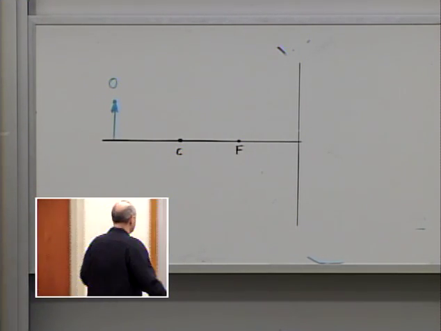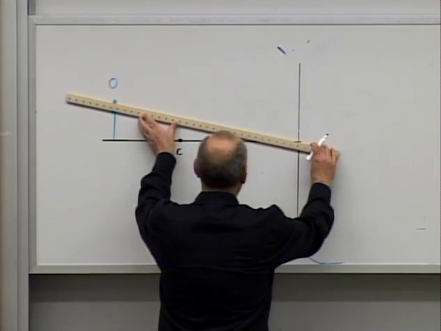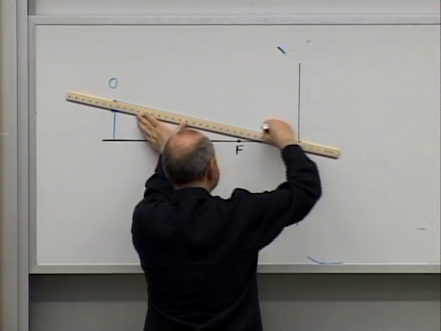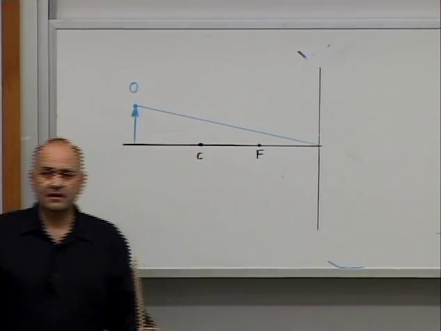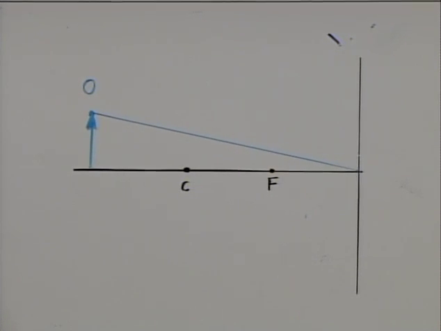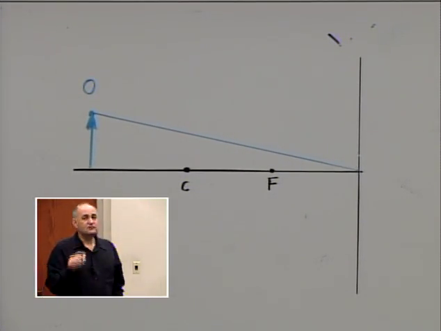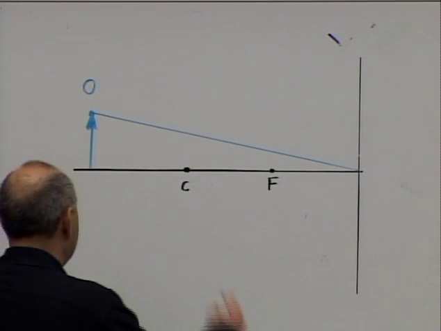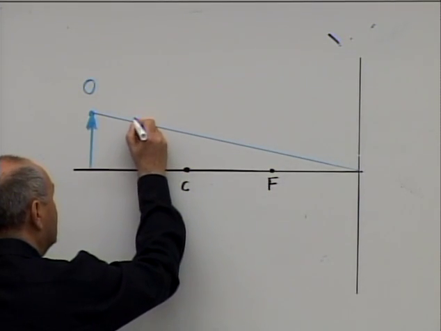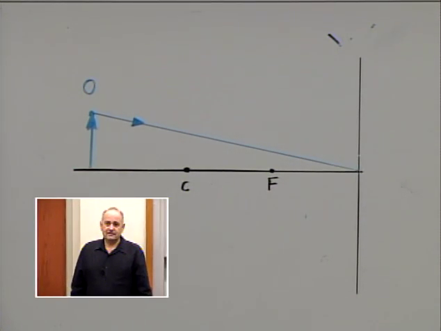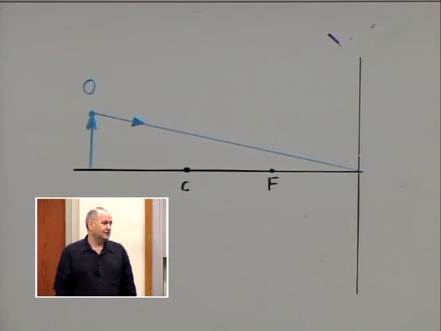Let's start with the chief ray. So the chief ray is the ray which goes from the object toward the point where the principal axis crosses the surface. Actually, whenever you draw the diagram, I advise you to mark with a tiny arrow which way the light travels. So over here I will mark it this way. Now, you will probably be using a pen or a pencil, so you will not change color, and it can lead to confusion.